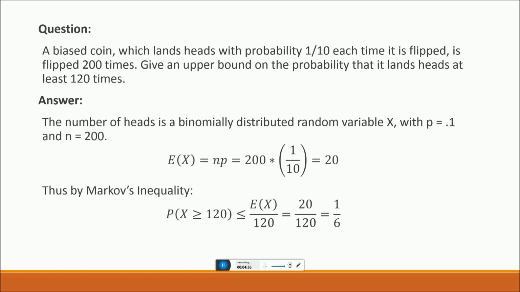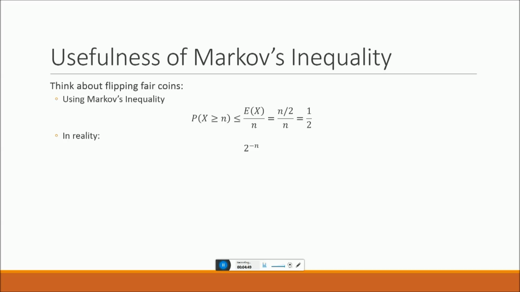That's the usefulness of Markov's inequality. However, since we're only using x and the expectation of x, you can wonder how useful Markov's inequality is and how tight the bounds are that we're constructing for these random variables.